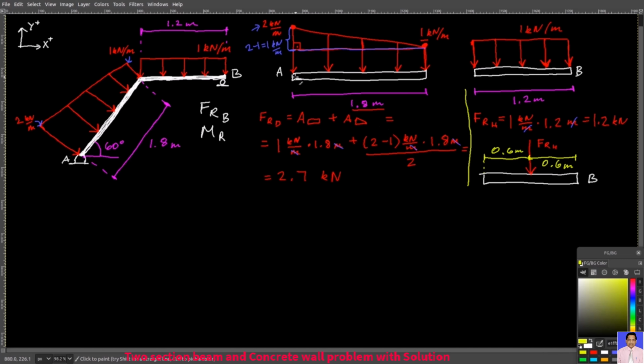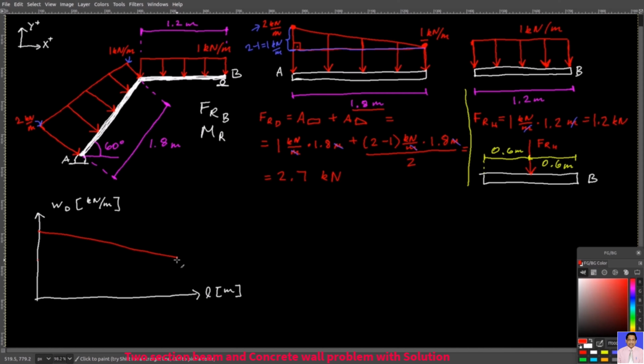Let's find it from point A. So our distribution function per unit length is the following. Here you have 2 kilonewtons over meter, just like here. Then here you have 1 kilonewton over meter. Here the length is 1.8 meters. Here it's 0.